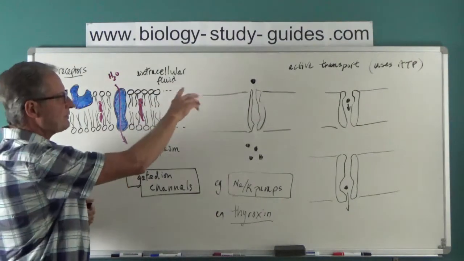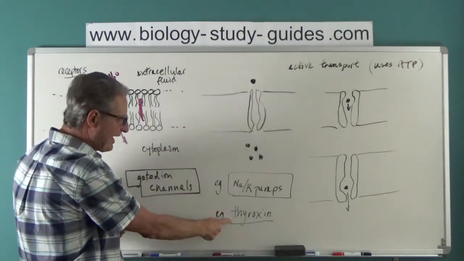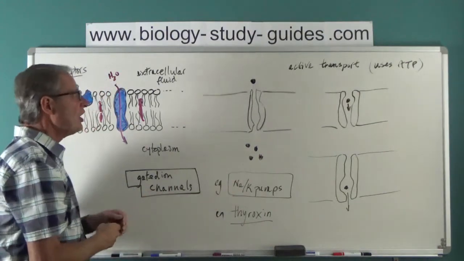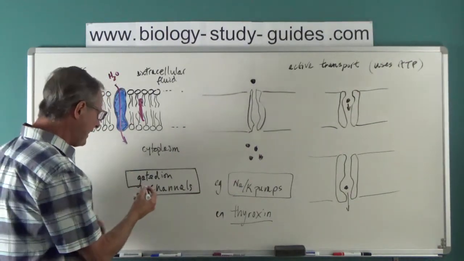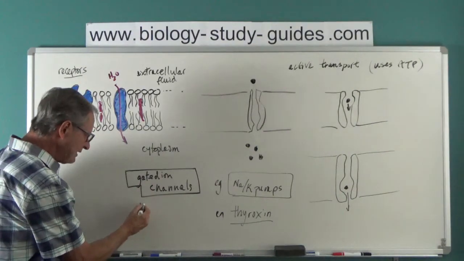So these things could be ions, as in the case of iodine here, sodium and potassium there. They don't have to be ions, but gated ion channels could be operated by the presence of a ligand.